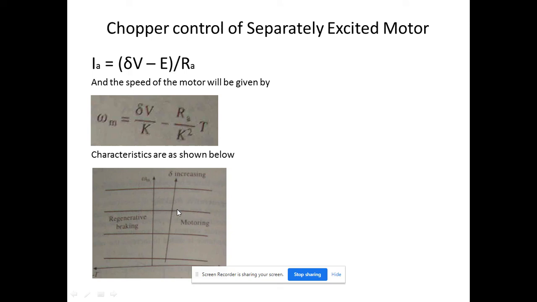And this is the characteristic of DC separately excited motor. This is the torque speed characteristic in motoring mode. And this is for regenerative braking mode. In this mode, the characteristics are in the second quadrant, and since the current becomes negative here, we get the characteristics like this in regenerative braking.